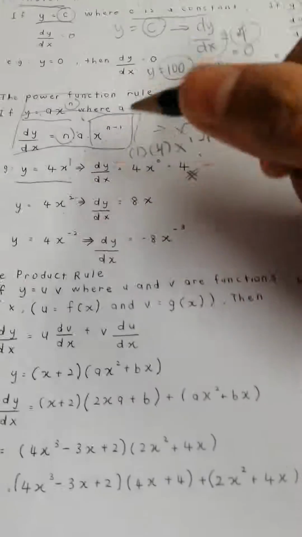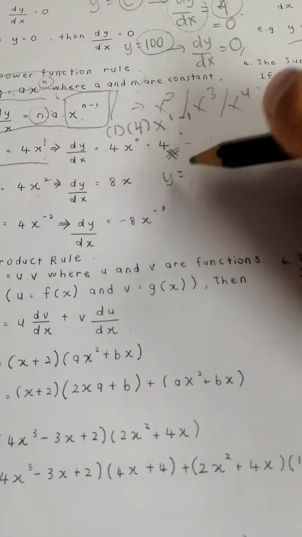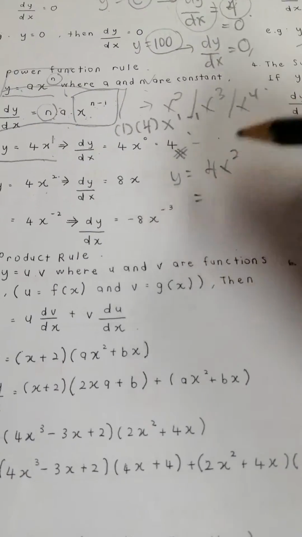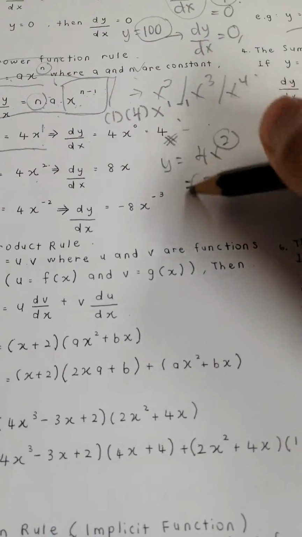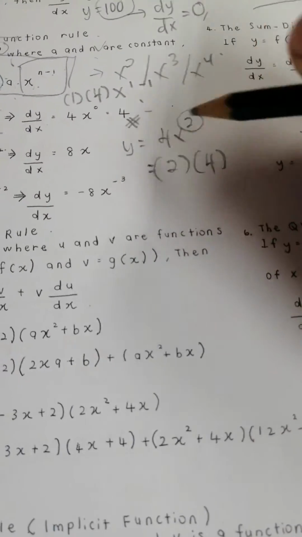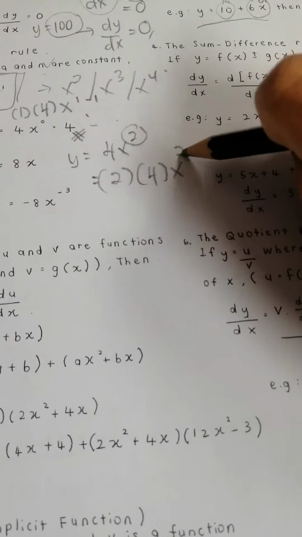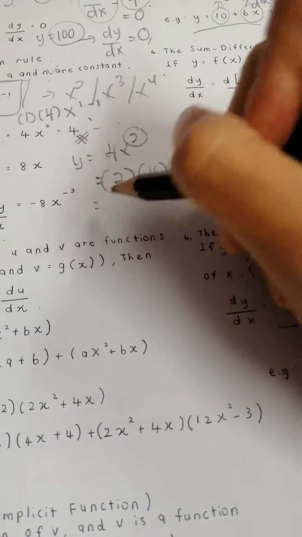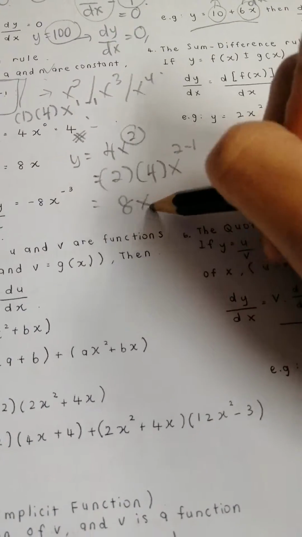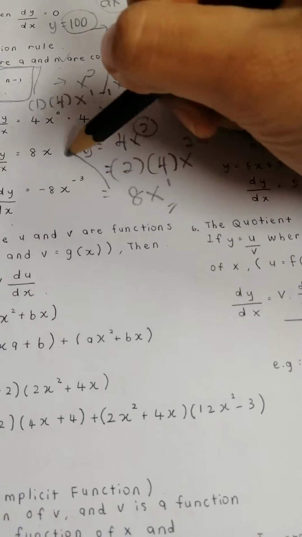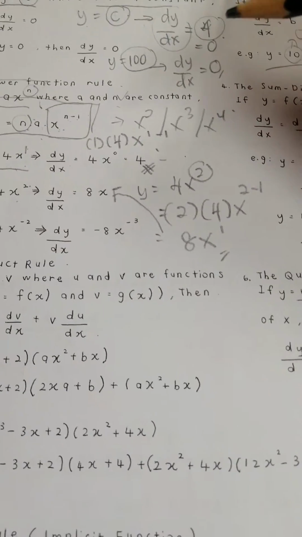Okay, so to differentiate y equal to 4x2, okay, power multiply with 4x, 2 power minus 1. So the equation will be 8x power 1. So this one is the example question.